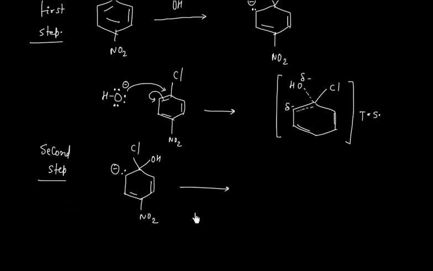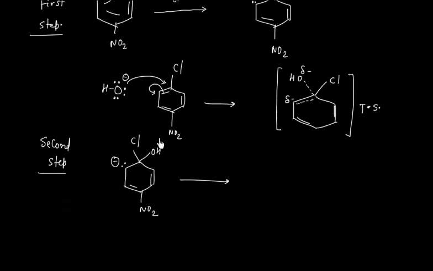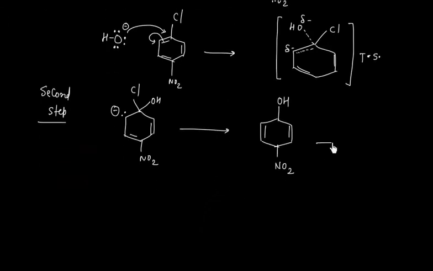In the second step, a Cl minus is lost. So finally we will have a substitution product. So we have to draw the transition state.